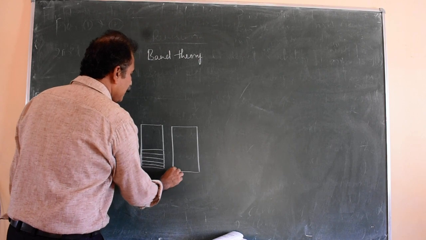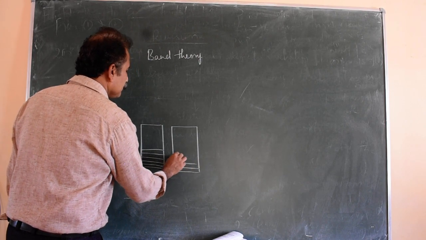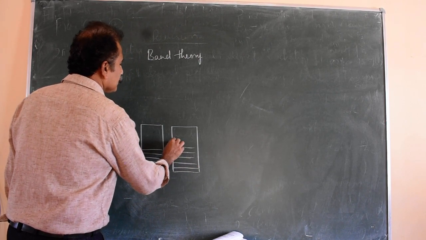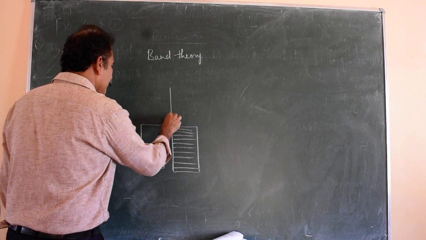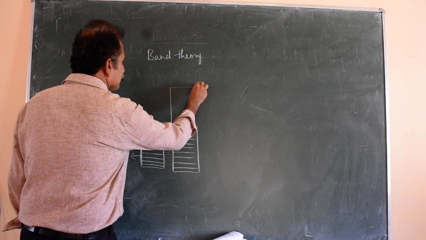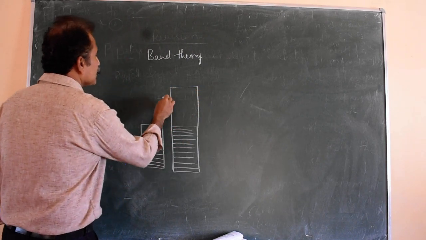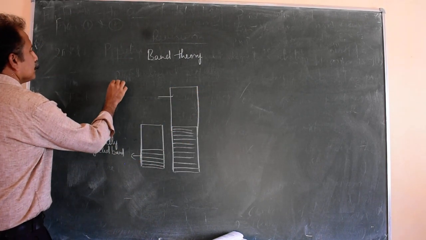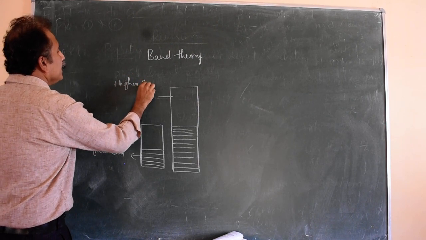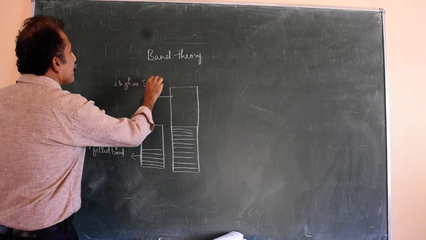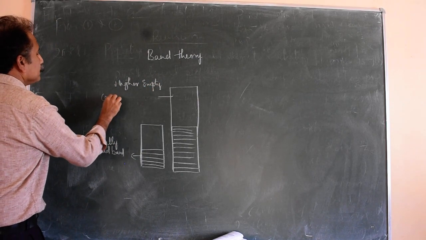The second scenario: let us say this band is fully filled, but it is overlapping with the next higher, empty conduction band.